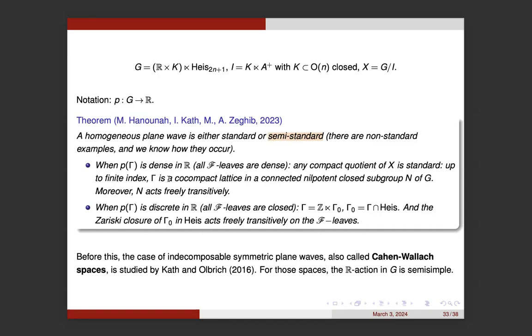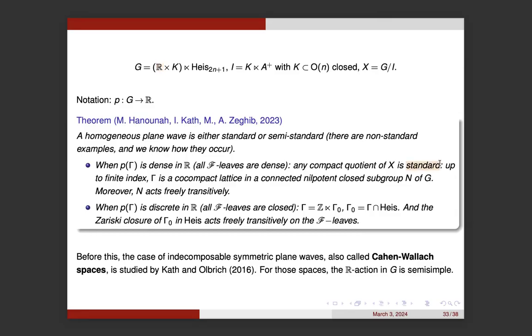So the statement is precisely the following. P here is a projection from the group to R, onto the first component. If the projection is dense, which on the manifold amounts to saying that all the leaves of F are dense, in this case, any compact quotient of X is standard.